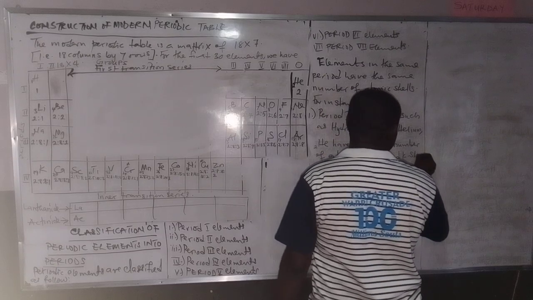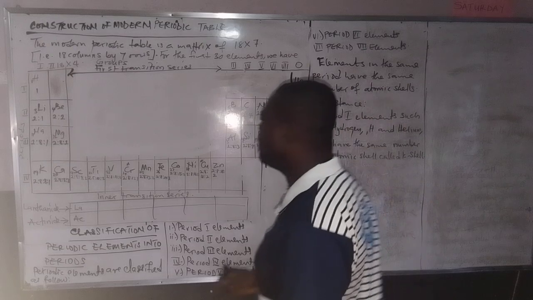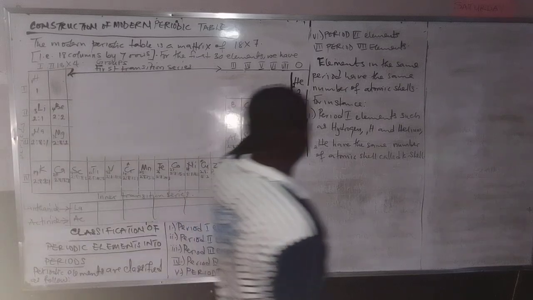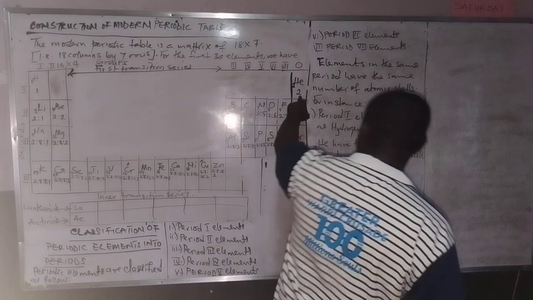K shell. So you will see what I'm talking about there. Hydrogen has 1 electron occupying K shell. Helium has 2 electrons that is also occupying K shell.